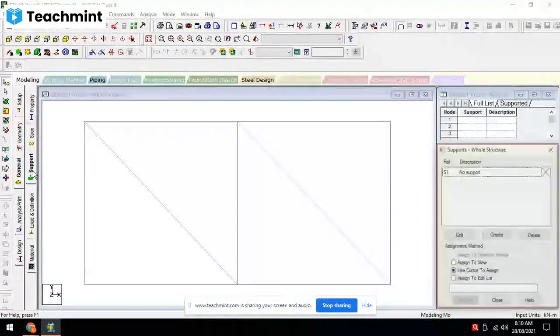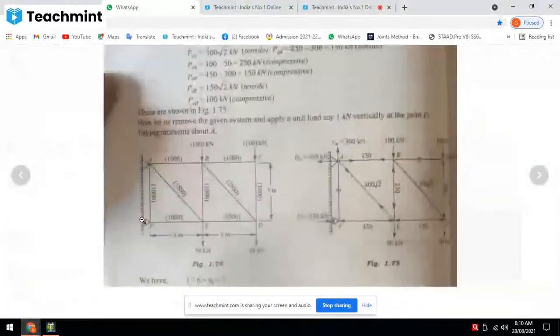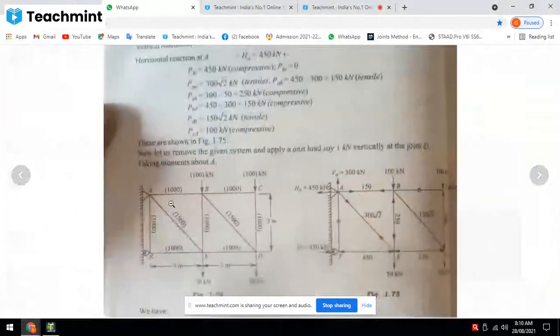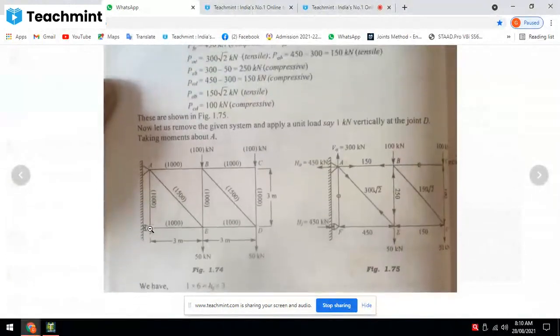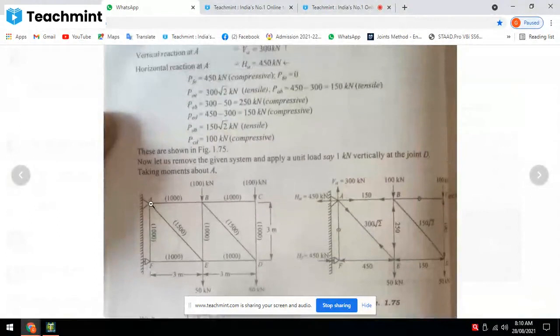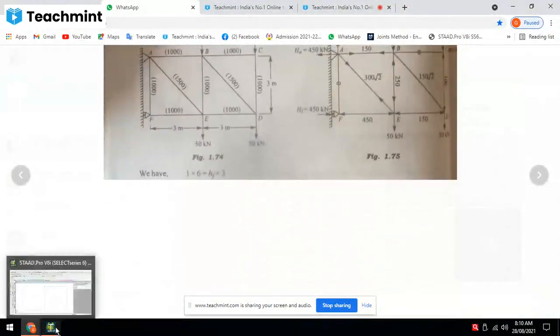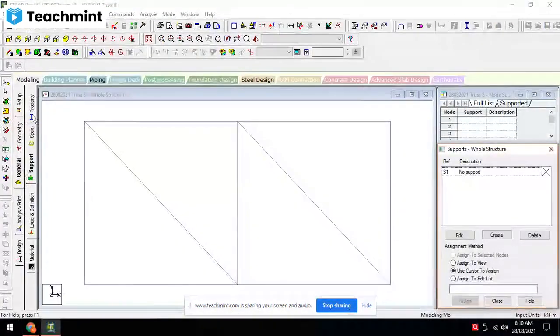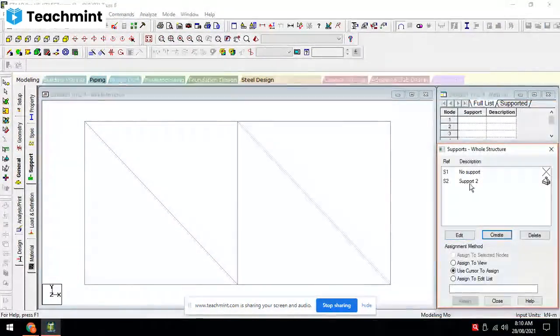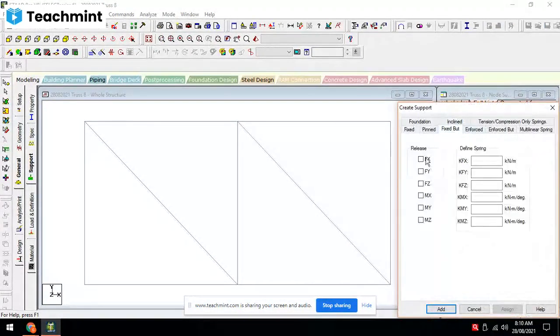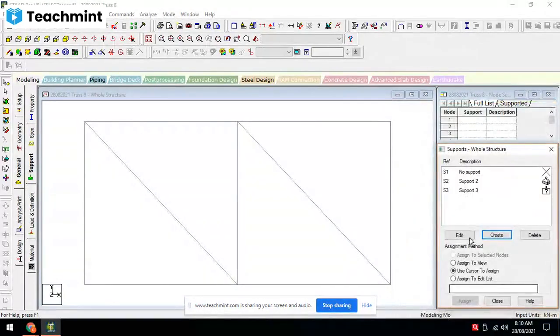Now we will go to the support. If you see in the diagram, at the top there is a hinge support, and at the bottom you can see the roller support. Okay, hinge and roller support. So the support, create, fix, add, create, fix but, add.